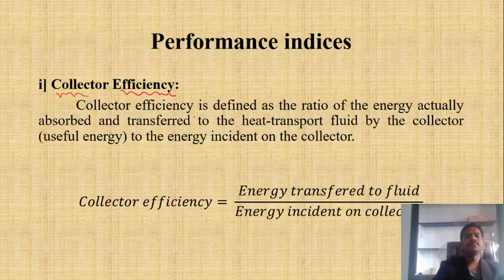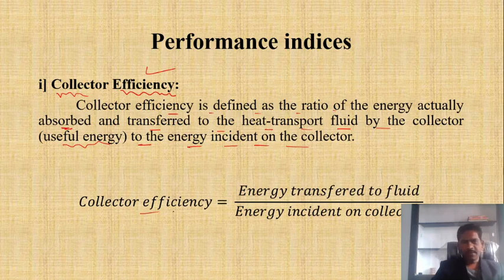What is collector efficiency? It is defined as the ratio of energy actually absorbed and transferred to the heat transfer fluid by a collector, means useful energy to the energy incident on the collector is called collector efficiency.